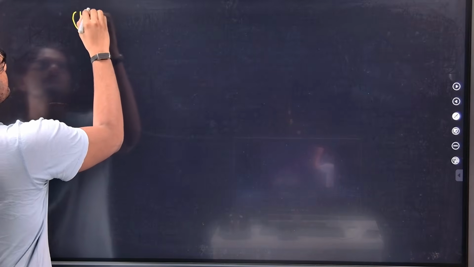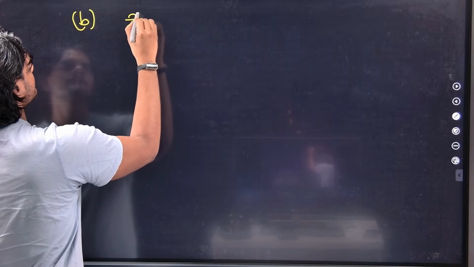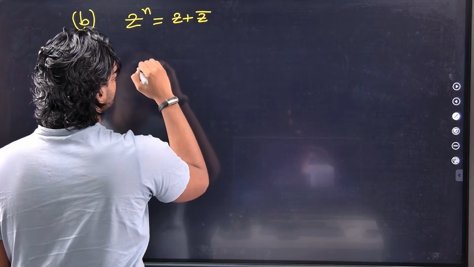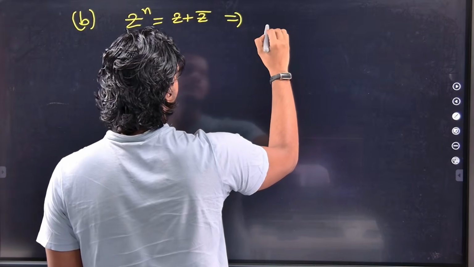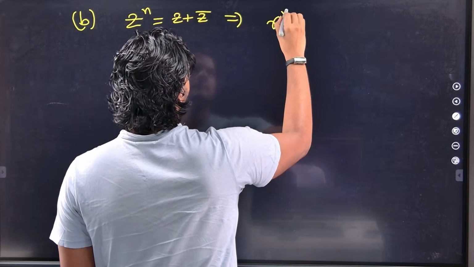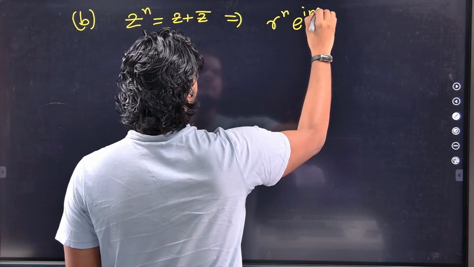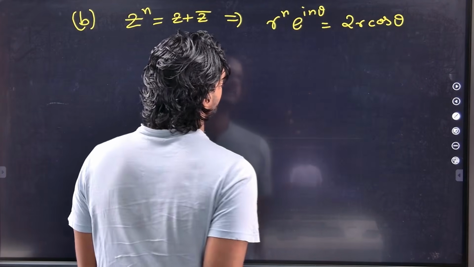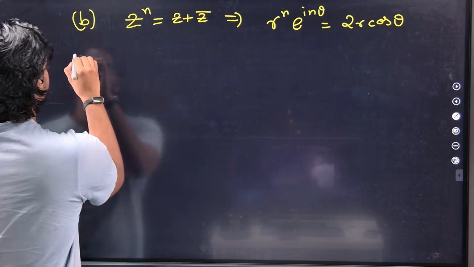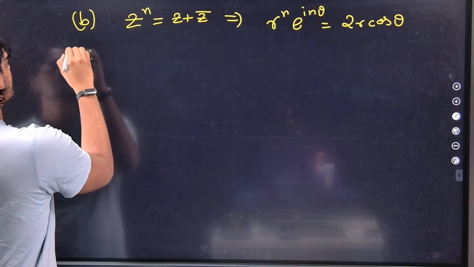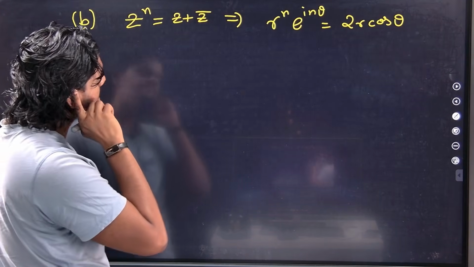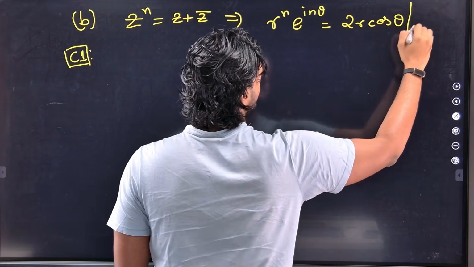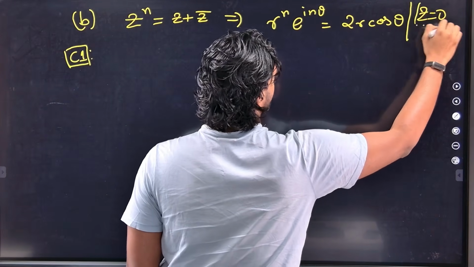Part B, we want to have z power n equal to z plus z bar, right? So what would that directly imply? That would directly imply that r power n e power i n theta is equal to 2r cos theta, isn't it? So again, we will get two cases. Case 1: first of all, we are removing z equal to 0, this is the trivial case.